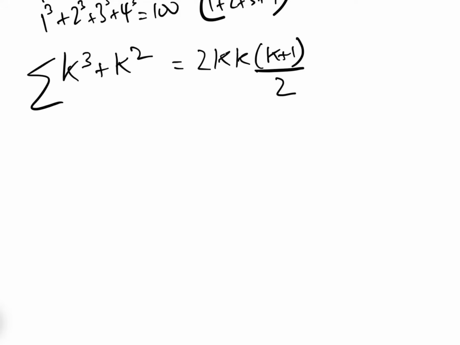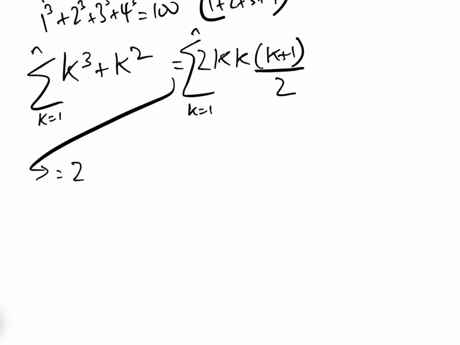Now if we sum that between k equals 1 and n, then let's focus on this bit. That equals 2 times the sum between k equals 1 and n of k times k plus 1 over 2.